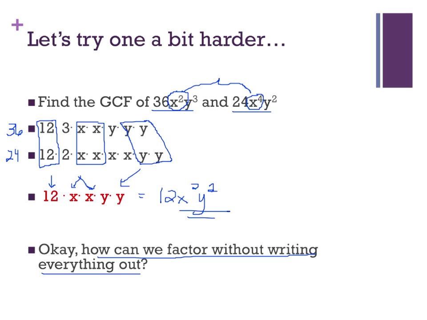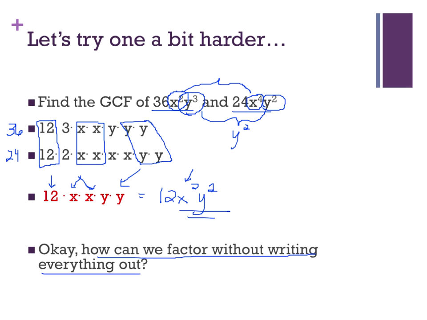If we look at just these 2 things, we notice that x squared is smaller than x to the 4th, but it's still the largest number of x's that we can take out of both. Similarly, when we look at our y cubed and our y squared, again, y squared is the largest that we can take out of both of them.